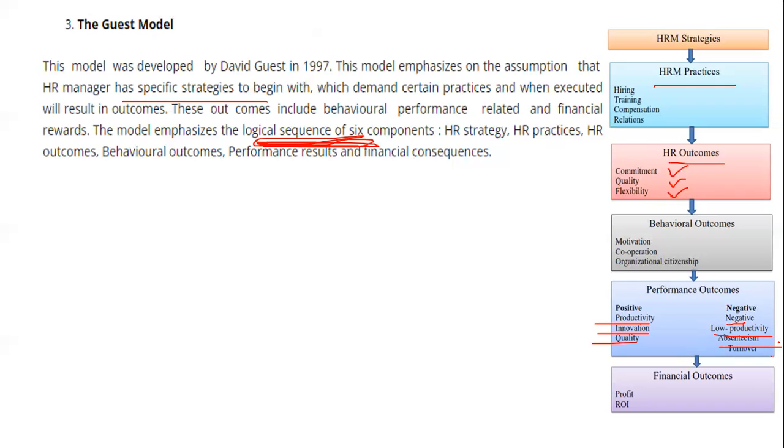People remaining absent, people leaving the organization every now and then, that is attrition rate or turnover, you can say. All this will result in negative outcomes. Positive outcomes in the form of productivity, innovation, and quality will be maintained. Not only this, there is financial outcome in the form of profit and return on investment.